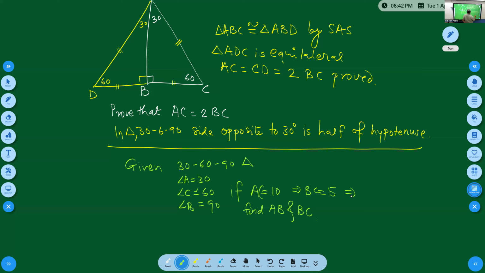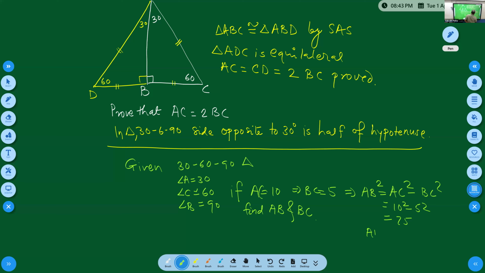Therefore, BC square is equal to AC square minus... AB is needed here. AC is given, BC is given, so AB square is equal to AC square minus BC square, which is 10 square minus 5 square, which is 75.